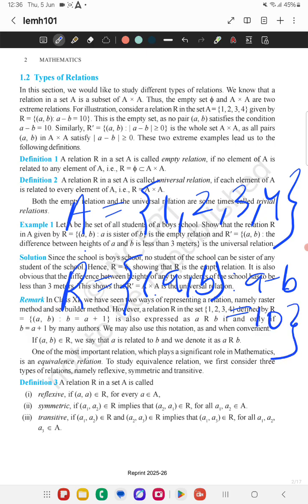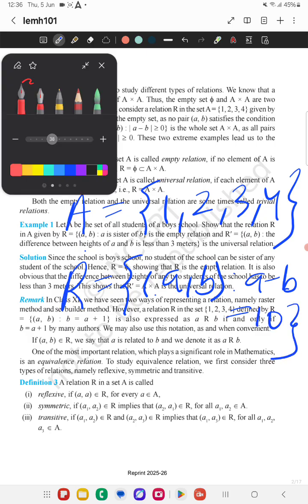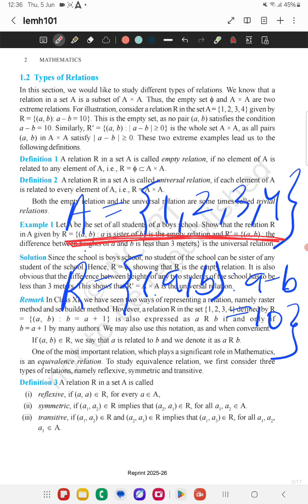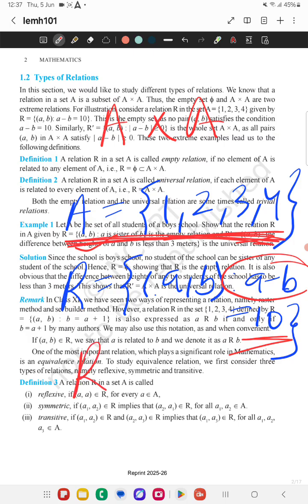You can see that if the relation is defined from A to A, no two elements of set A satisfy the condition that a minus b is equal to 10. The difference of these two numbers can never be equal to 10. So R is equal to the empty set, ϕ. This is your empty relation.